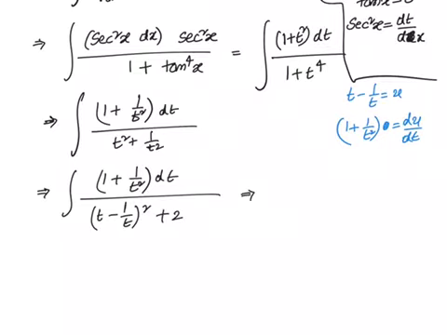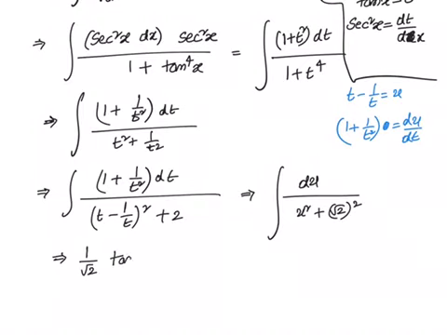Converting into u, we will have du divided by u square plus root 2 whole square, which is a standard integral, of the form dx by a square plus x square. So the integral is 1 by a, 1 by root 2 tan inverse of x by a, that is u by root 2 plus c.